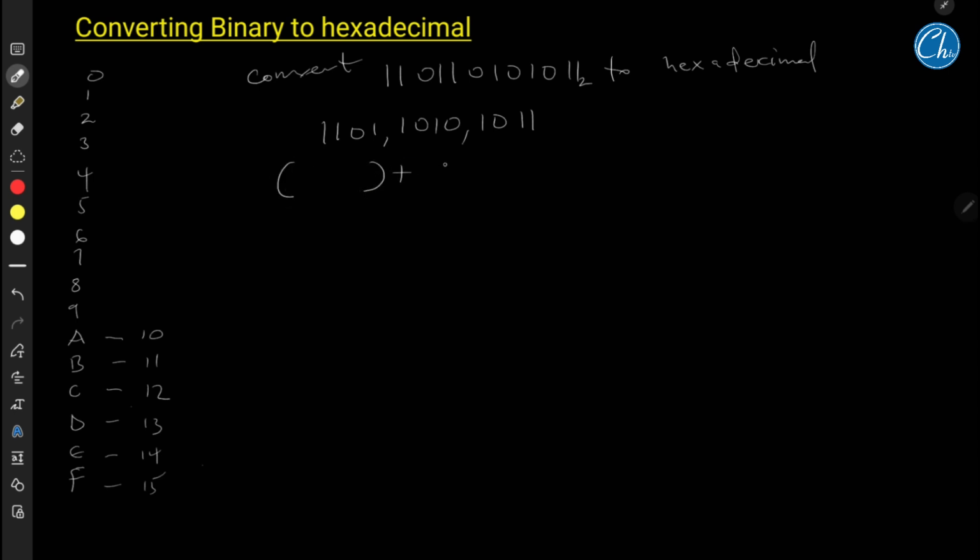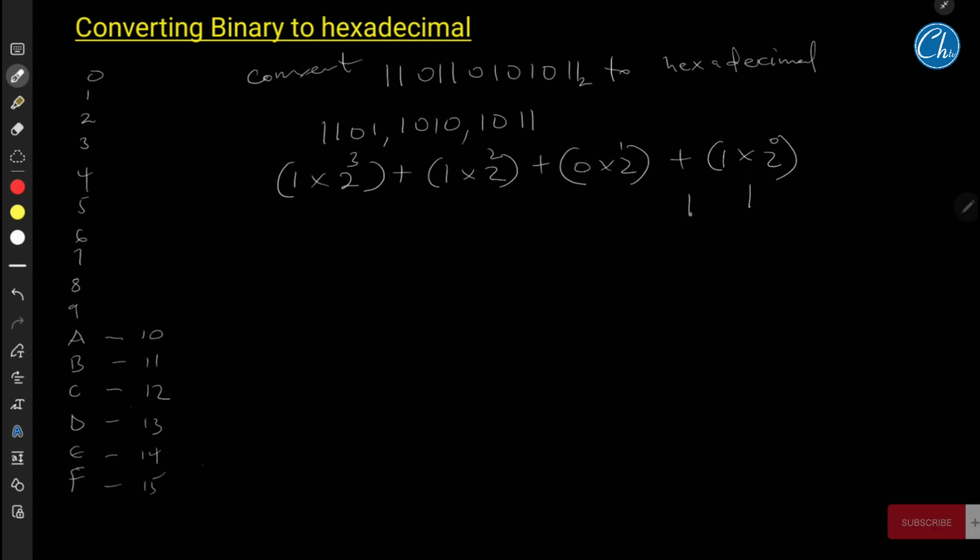So let's add our figures 1 1 0 1, which is the first group, times the base, which is 2, raised to the power 0 1 2 3. Any number raised to the power 0 is 1, so 1 times 1, plus any number raised to the power 1 is the same number, times 0 amounts to 0, so we cross it.